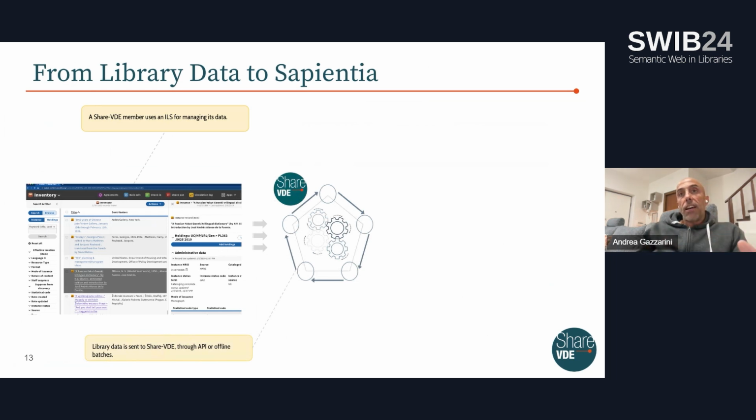So a bibliographic record corresponds to a main entity, which is the instance, basically corresponding to the BIBFRAME instance. But other than that specific entity, in a bibliographic record, there are a lot of other entities.